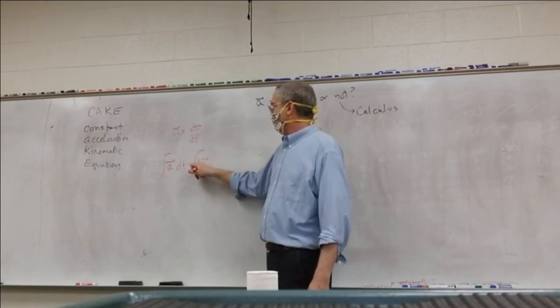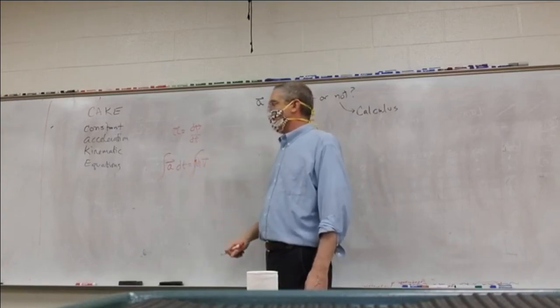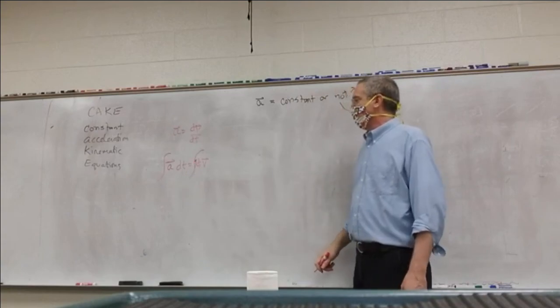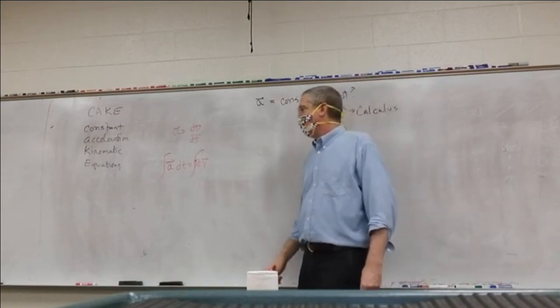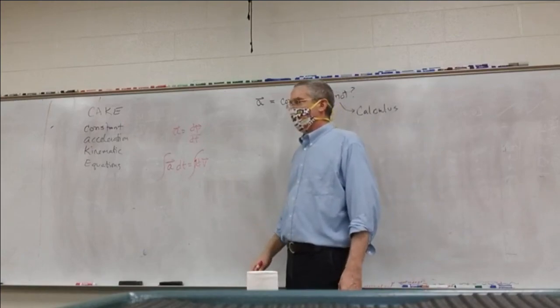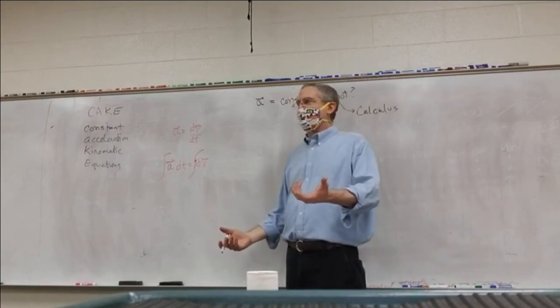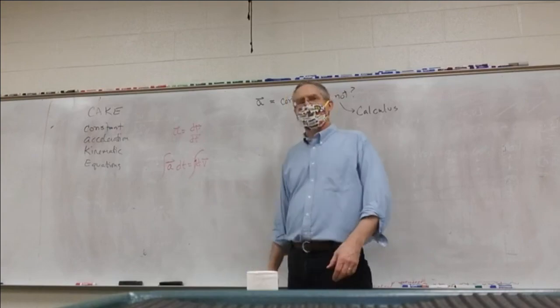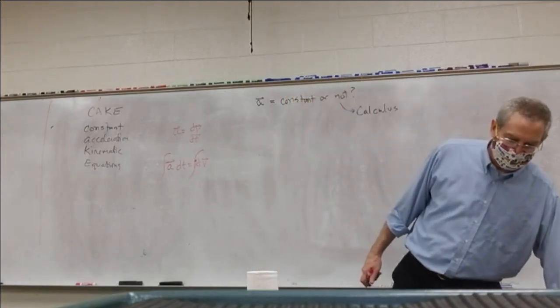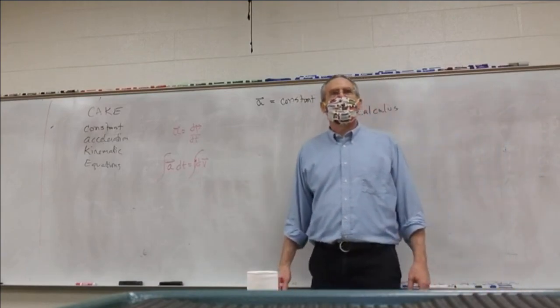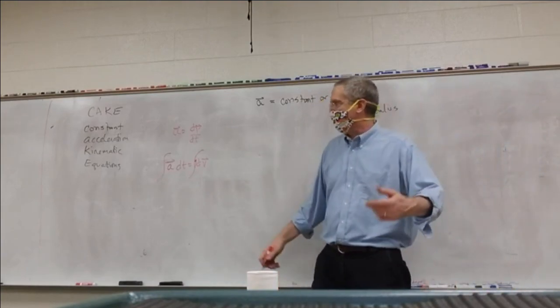Well, I don't see a number here, so it's an implied 1. In other words, the derivative of what will give us 1? Derivative of what will give us 1? Derivative of x, or in this case, v.